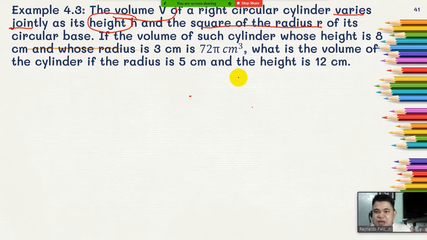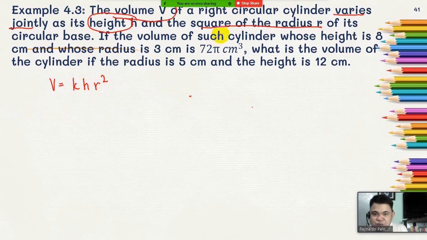The next thing is we have to form our equation, which is V is equal to k times height and the square of the radius. So this will be r squared. Then the next thing is we will be forming the first equation.